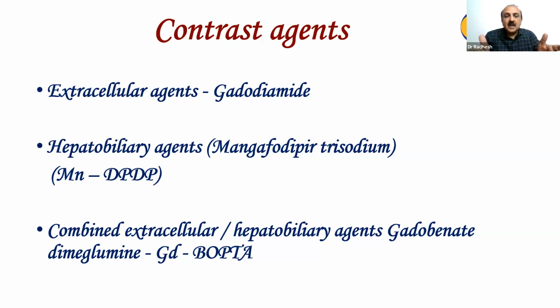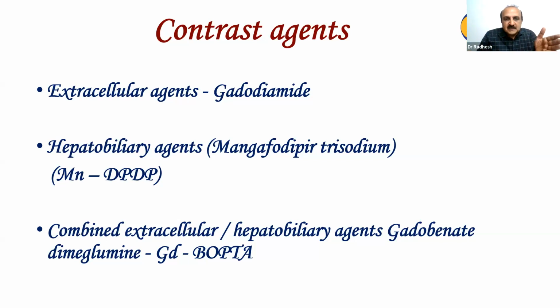Similarly, for MR, you cannot use iodine, so you use gadolinium. What is gadolinium? What substance is it? Gadolinium is a paramagnetic substance.